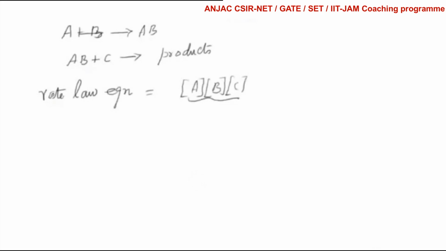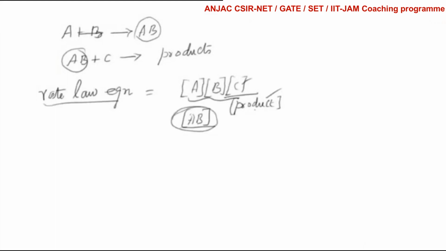It should not be in terms of the intermediates. At no time should an intermediate be present in the rate law equation. Sometimes it may have the product concentration also. That is allowed. But in the rate law equation, no intermediate should be present.